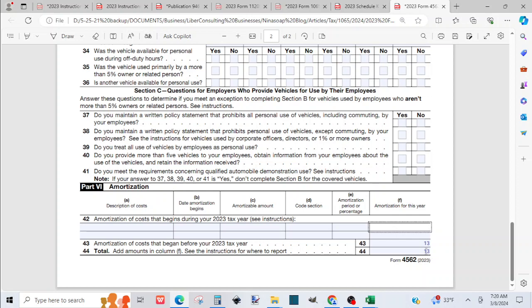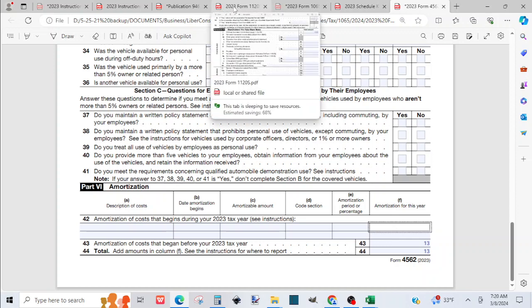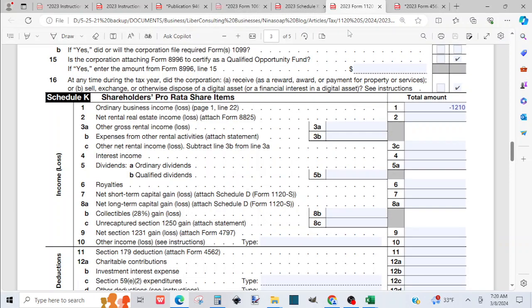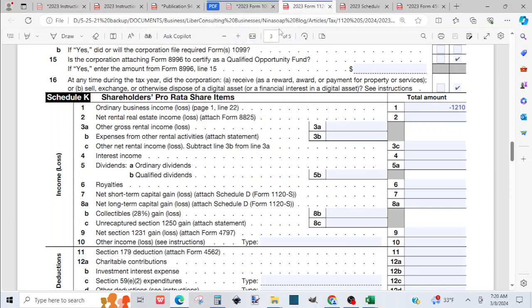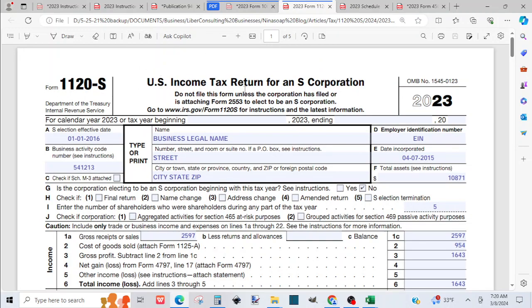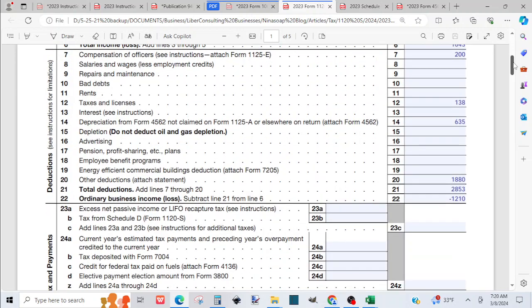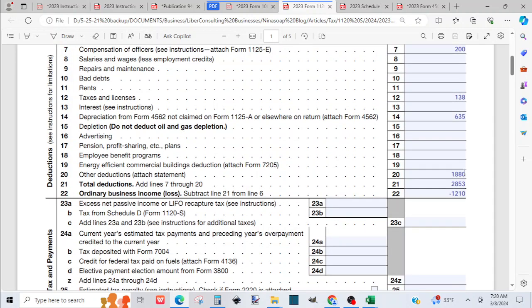So this line 44 will go, if we take Form 1120S for an S corporation tax return, on an attached form, and it will go on line 20, other deduction.